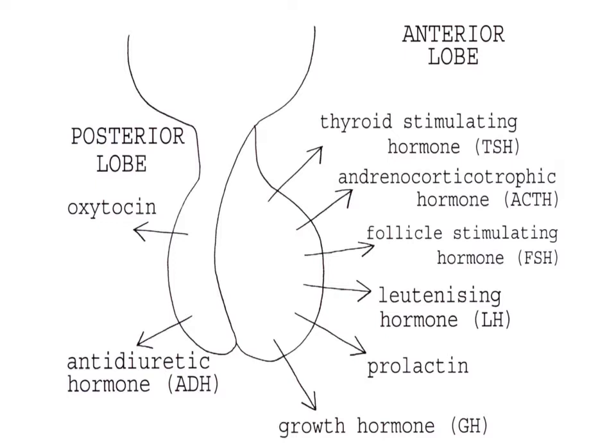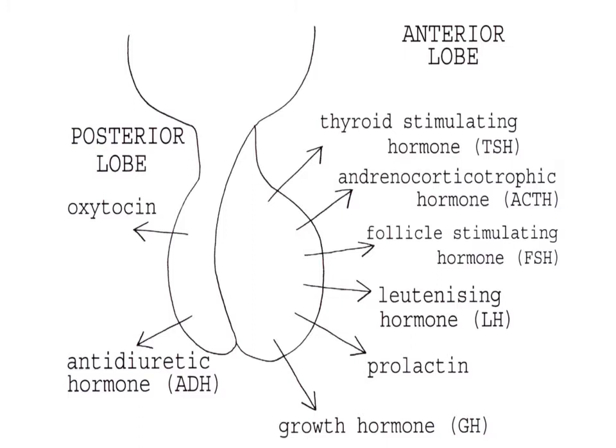So the luteinizing hormone also regulates the release of progesterone from the corpus luteum during the second half of the menstrual cycle. And this is, of course, essential to maintain the endometrium in case fertilization occurs, so that if fertilization occurs, the endometrium is maintained to receive the fertilized ovum.